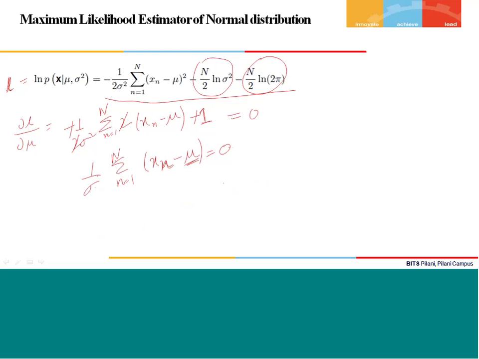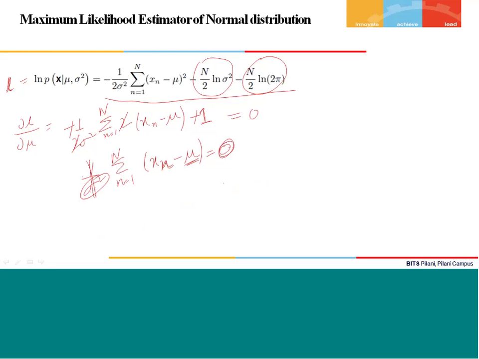So there was a mu expression, right? I will take this sigma square term to the right hand side, and it gets multiplied by 0, so 0 will be 0 again. So this term also goes away.